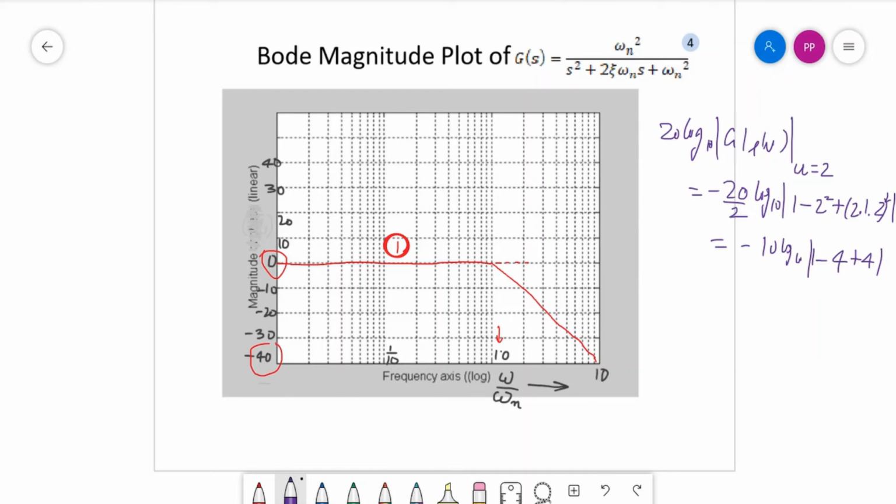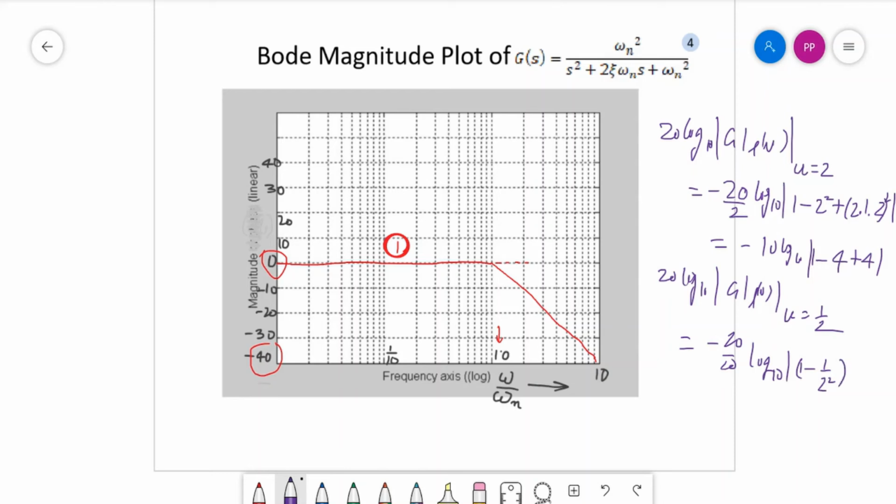Similarly, you can find out the situation when 20 log base 10 of G at j omega, for u equals to 1 by 2. So again you can find out equals to minus 20 by 2 log of base 10, 1 minus 1 by 2 square.